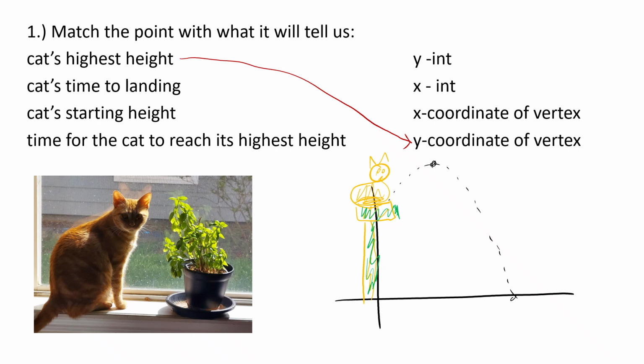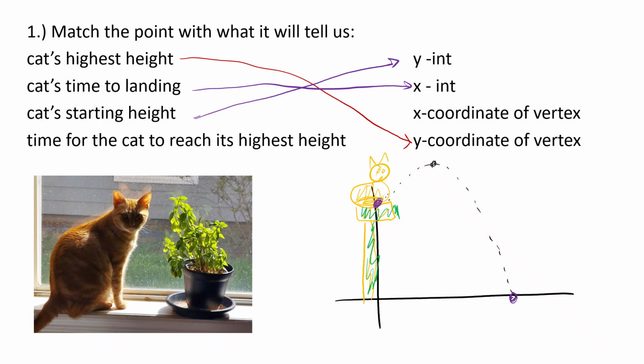The cat's time to landing, well, that would be cat jumps up, and right here is where the cat hits the ground, and that would be the x-intercept. So there we go. The cat's starting height, okay, right there, and that is the y-intercept.